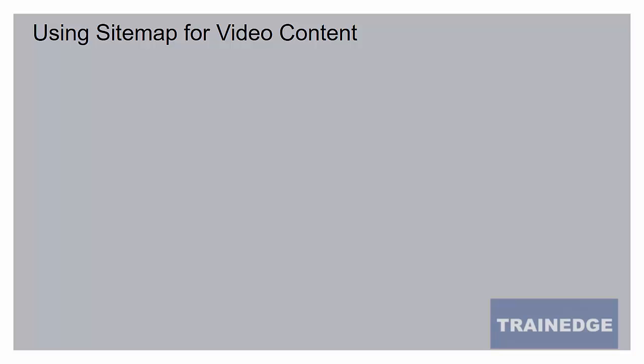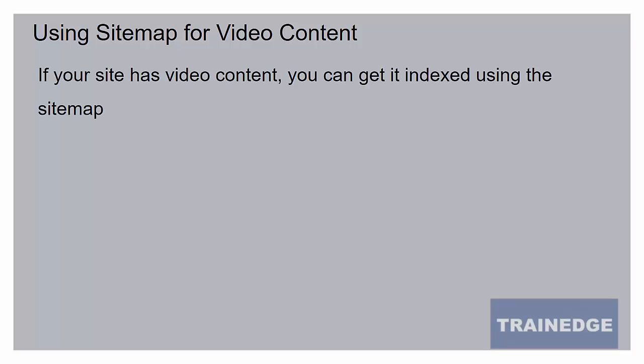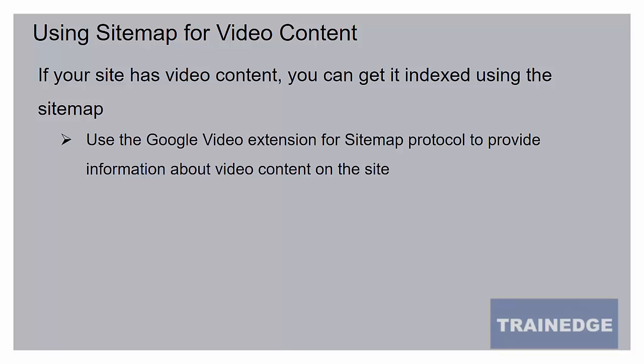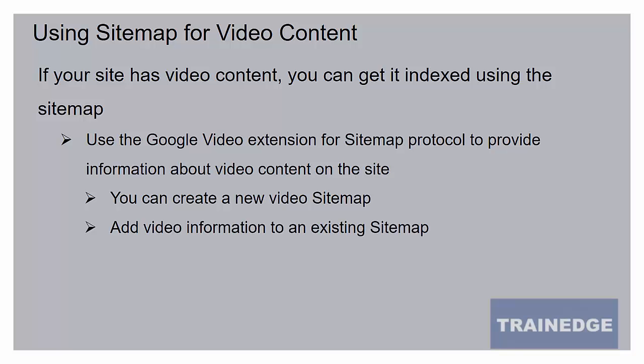If you are publishing video or you are including video on your website, you can use a sitemap for video content. Google has a Google Video extension for the sitemap protocol that helps you add information about video on the website. So you can create a video sitemap, or if you already have a sitemap and you have added video to your site, you can add this information to the existing sitemap.